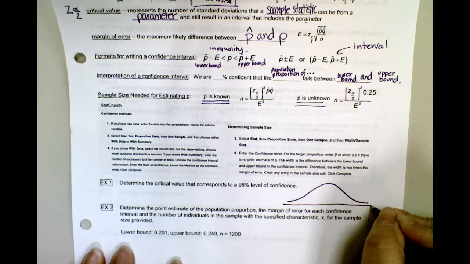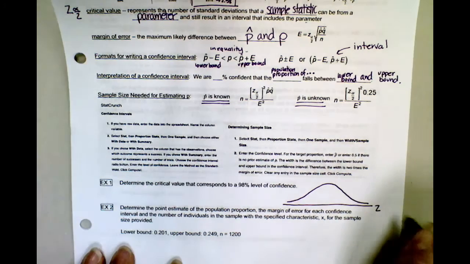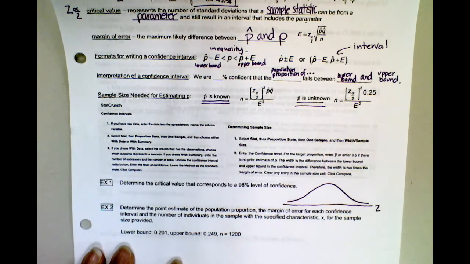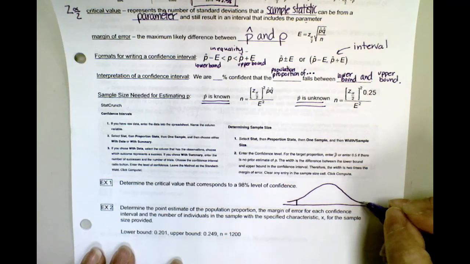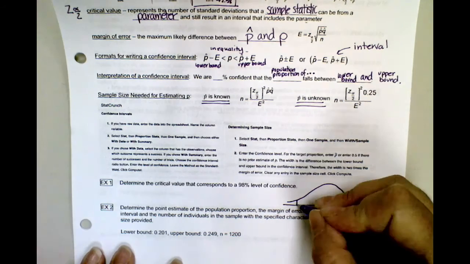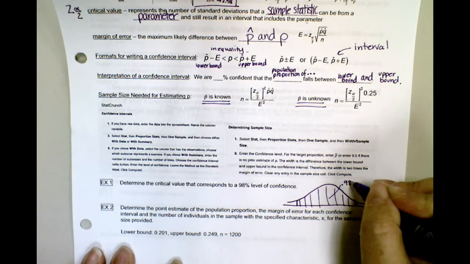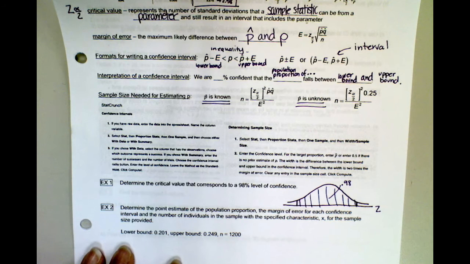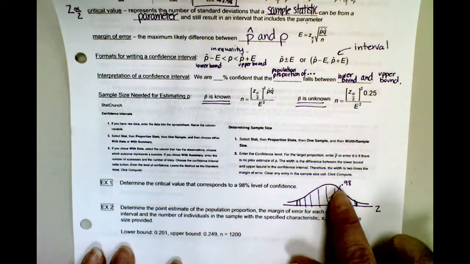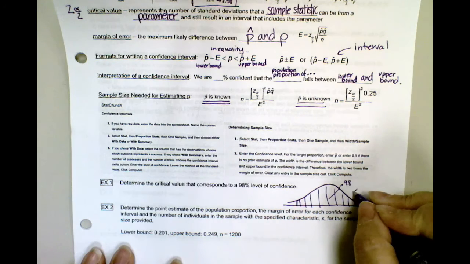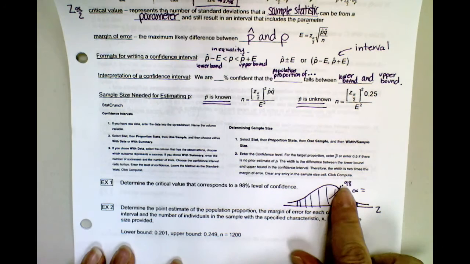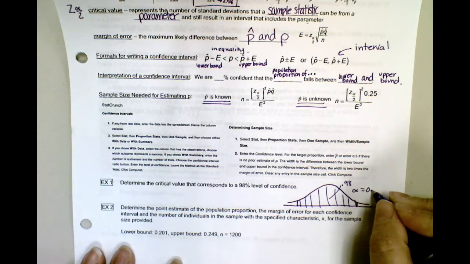Since it's a z sub alpha, that means that my axis is z. And as I said before, the level of confidence represents the area that's in the middle. So if I have a 98% level of confidence, that means that the area in the middle is 0.98, which means that alpha is the complement of 0.98, so 0.02.